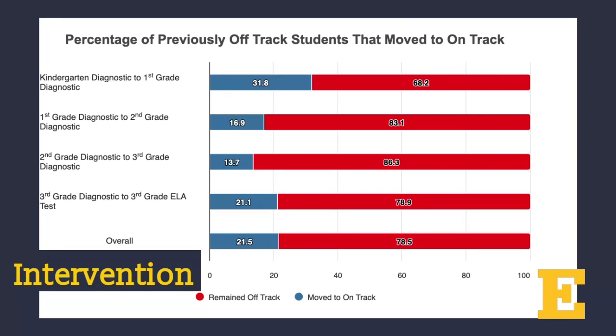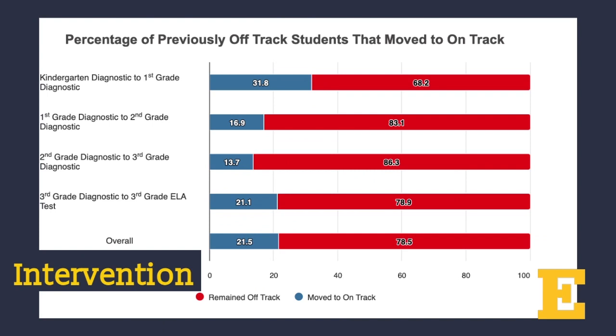When they took that fall diagnostic, 31.8% of the ones that were off track moved to on track. In 1st grade, when those students moved to 2nd grade and took the 2nd grade diagnostic last year, we moved 16.9% of those students on track. The 2nd grade to 3rd graders, 13.7%.